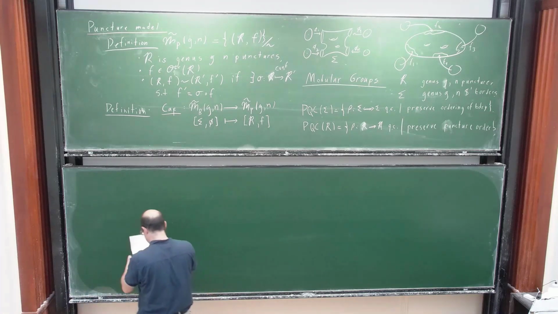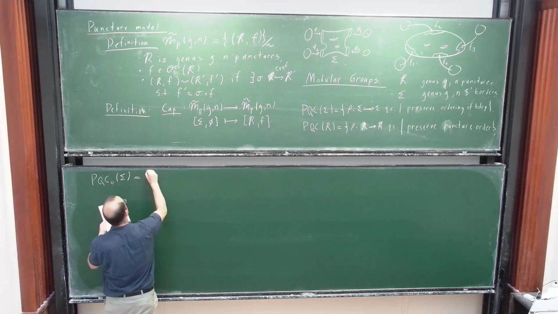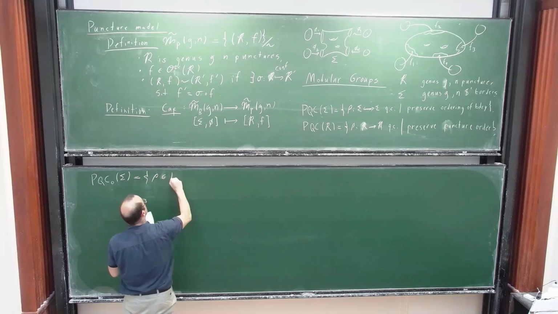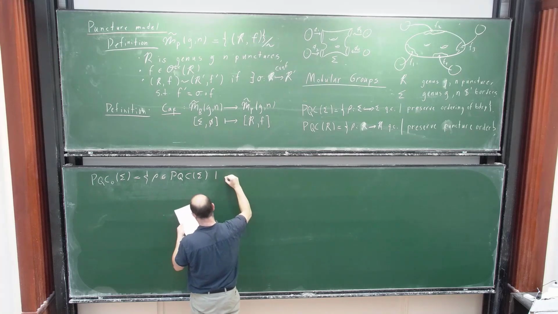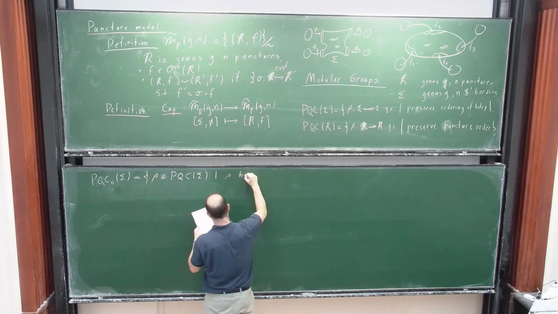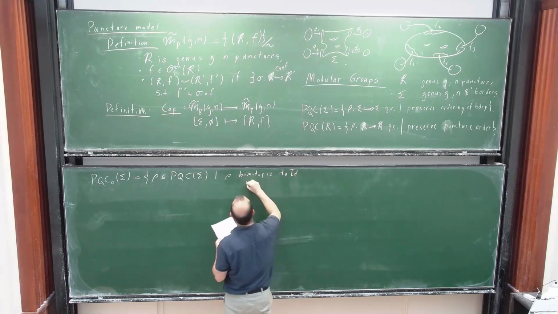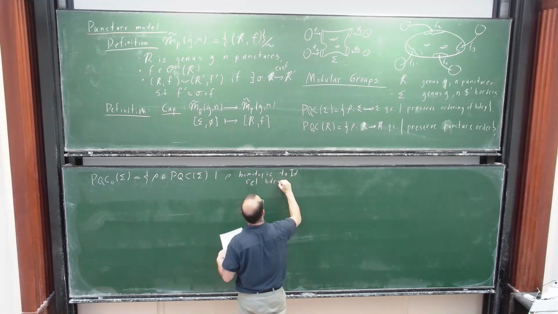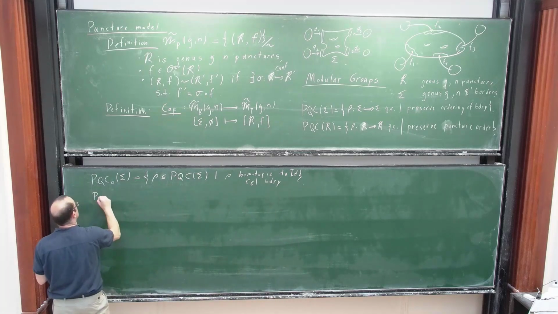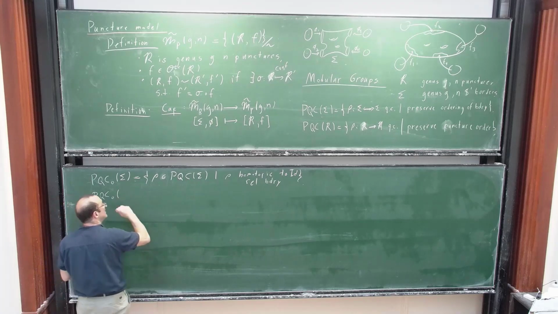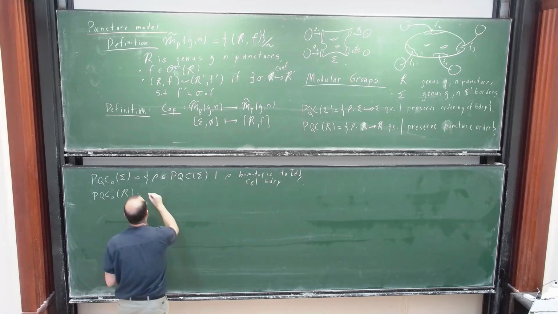So now, write down the trivial ones. PQC0 of sigma, that's those that are homotopic to the identity, rel boundary. So that means it has to be the identity on the boundary. And same thing for the punctured surfaces. And this can be done all at once if you like, but I'm trying to invoke a picture by separating them out.